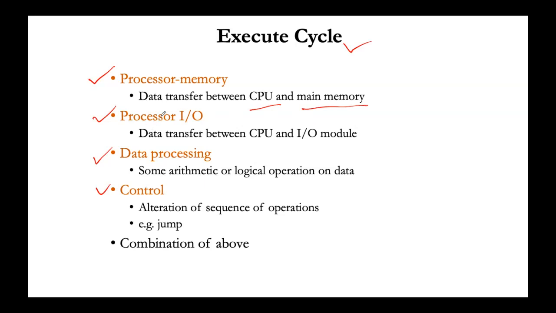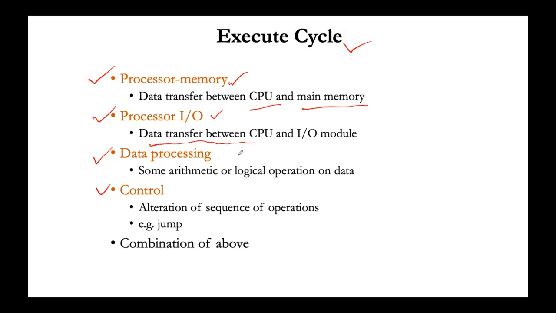And sometimes if the data is not available in the memory, then the processor will try to get the data from the input devices and give the result to the output devices. That is data transfer between CPU and input output module.